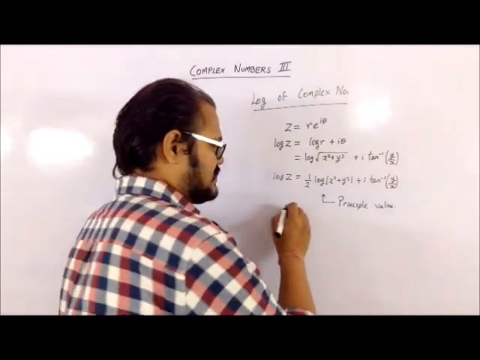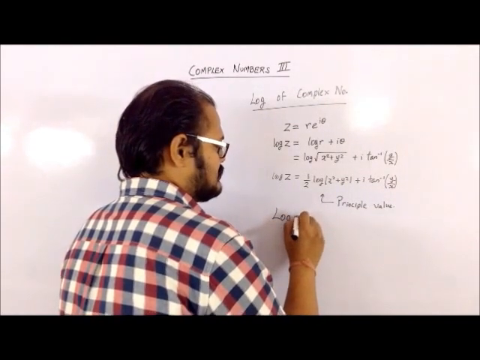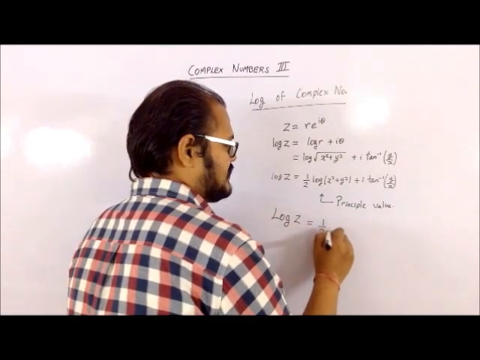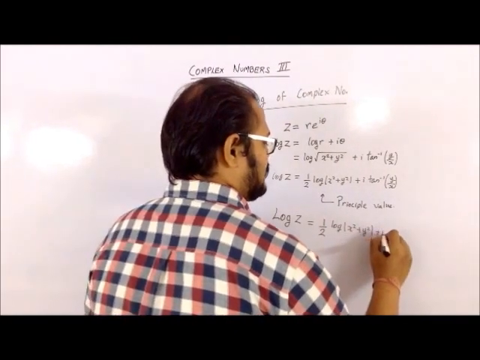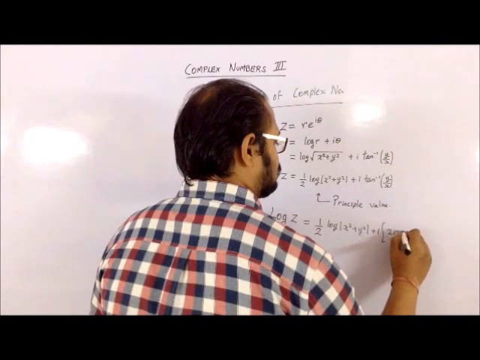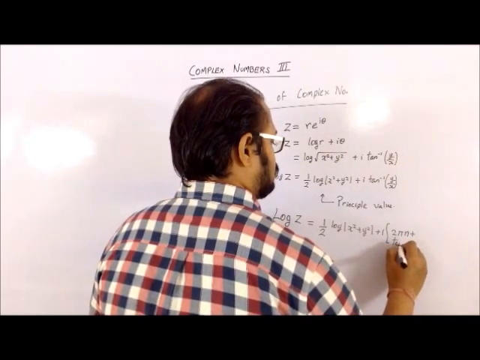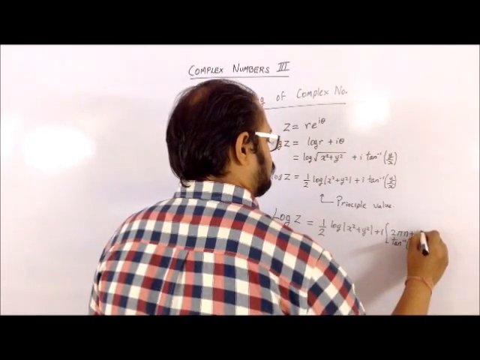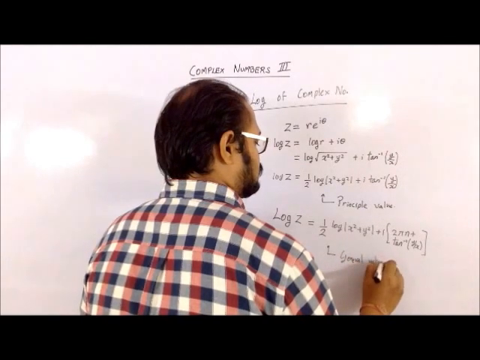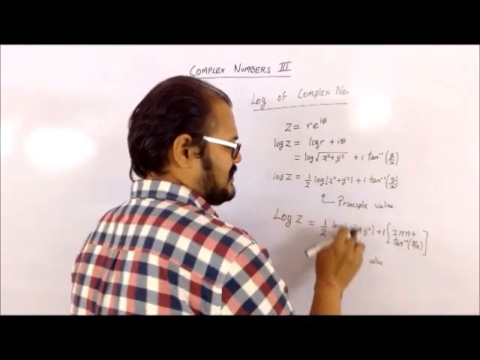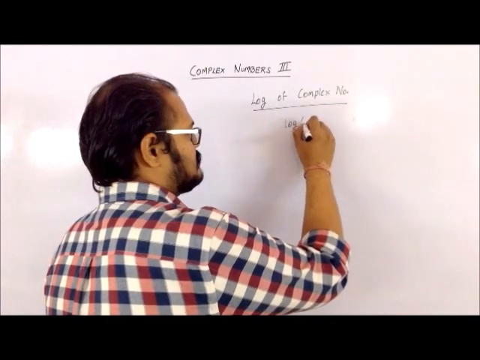So that is why my general value for log of z is represented by a capital L. So log of z will have the real part the same, but the imaginary part is changed, so this becomes my general value, wherein my real part is same as the principal value, but the imaginary part has been added with 2 pi n.